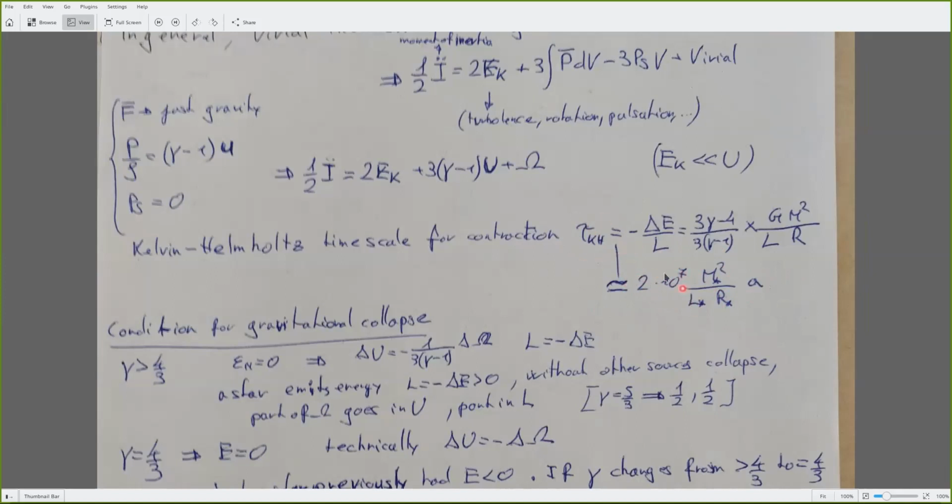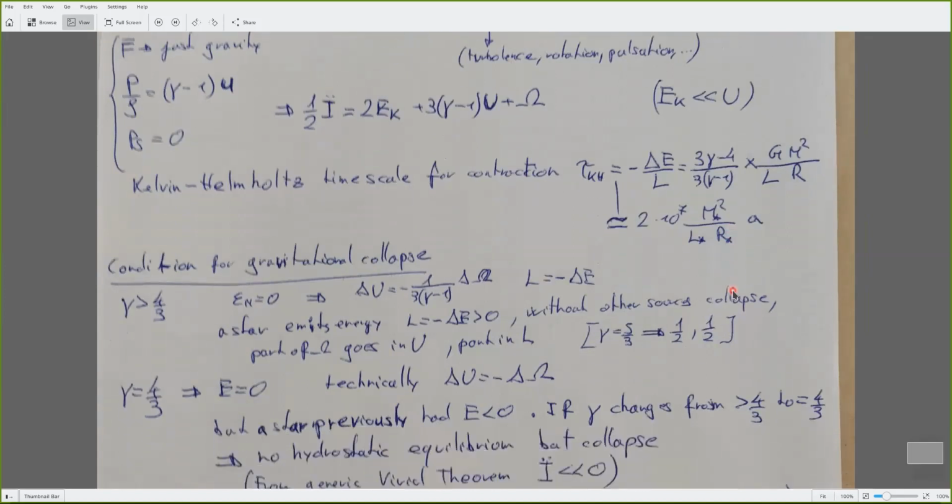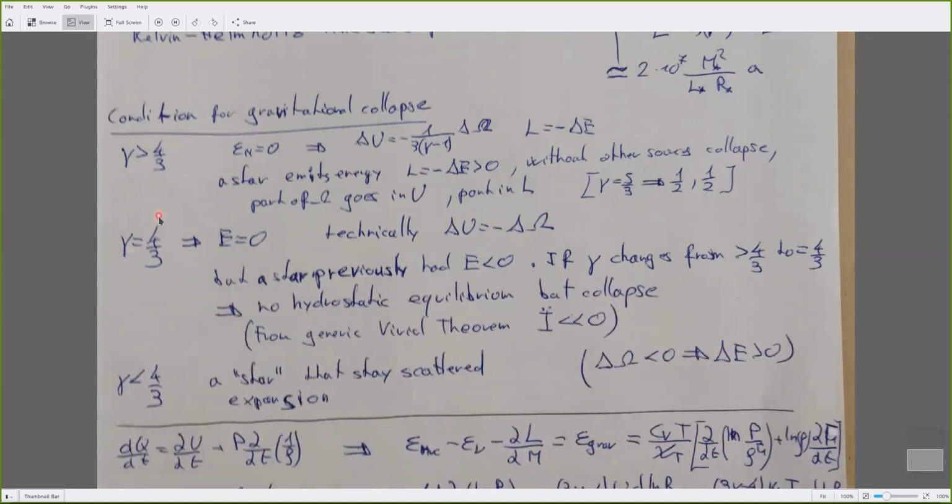Essentially, if a sphere of gas contracts, this is the time we need to maintain a certain luminosity just with the contraction. In general, as we already saw, for gamma greater than 4/3, you have this classical result, considering no internal energy production, no nuclear reaction.